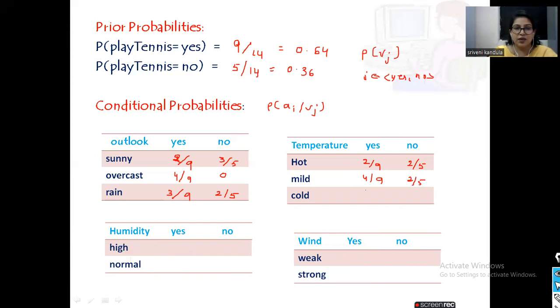Similarly, for cool, we have three positive instances and one negative. And then for humidity, humidity is taking two values, high and normal. Then with high, number of positives are 3 out of 9, and then negatives are 4. Number of positive instances with normal are 6, negative are 1.